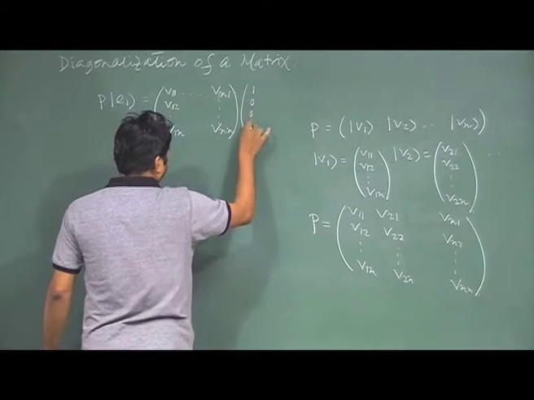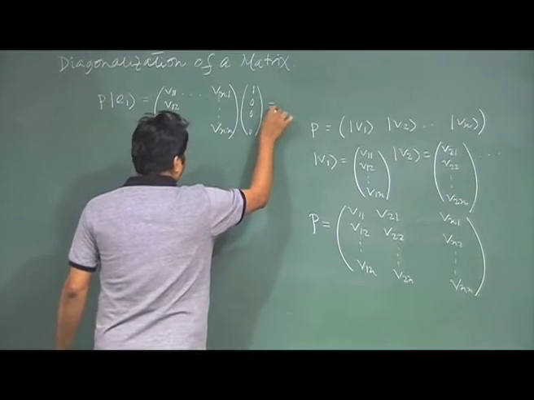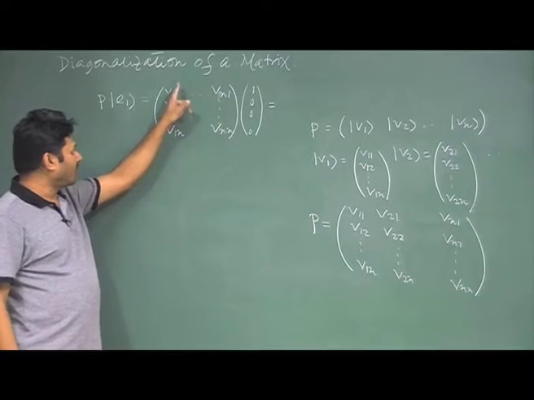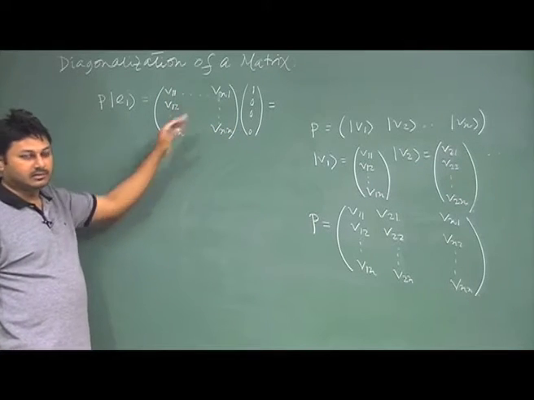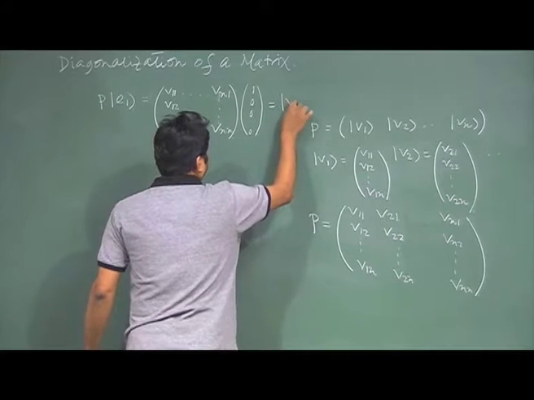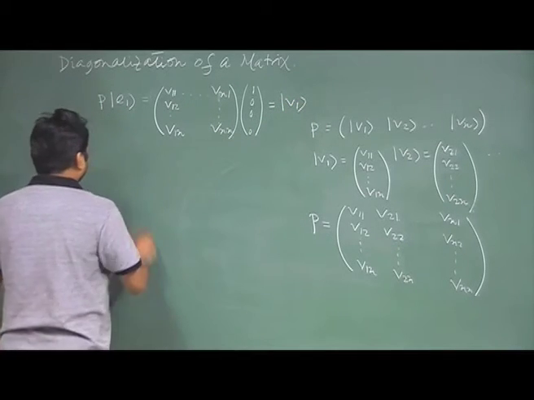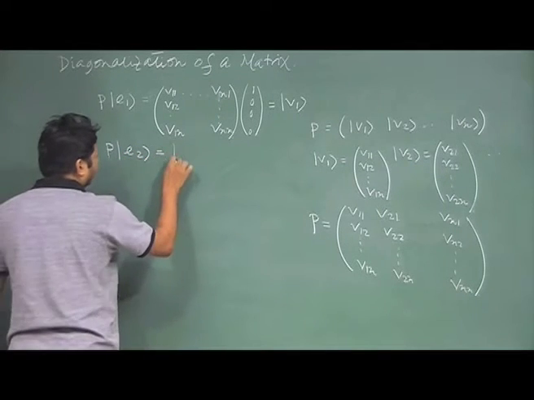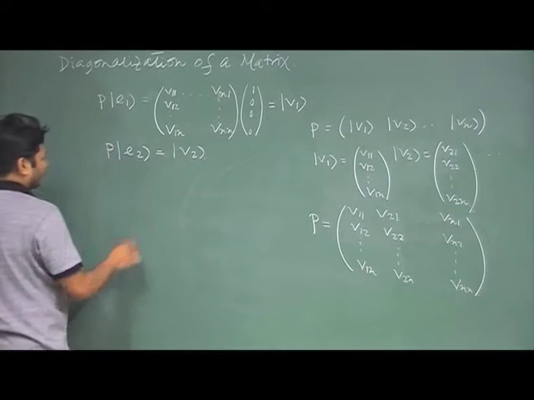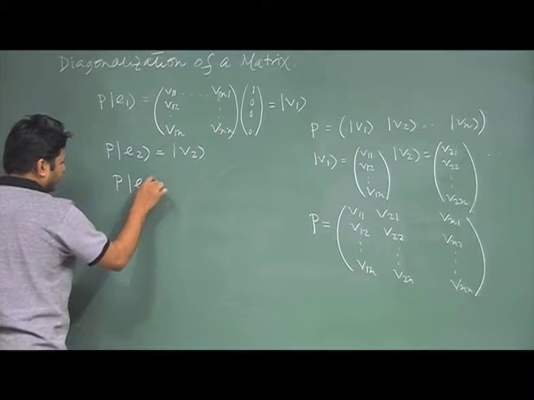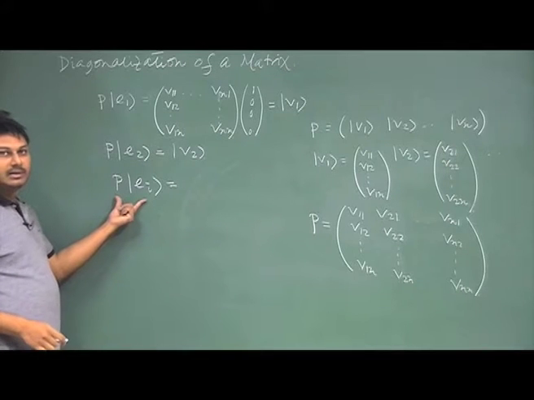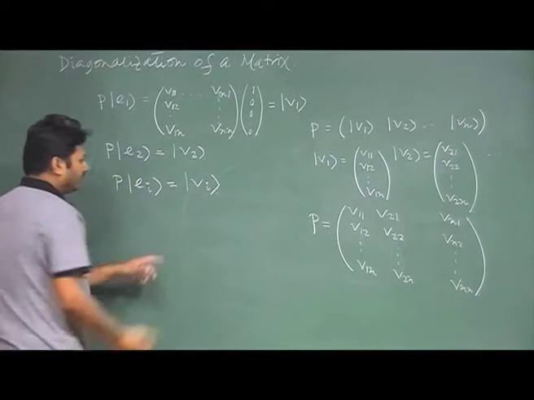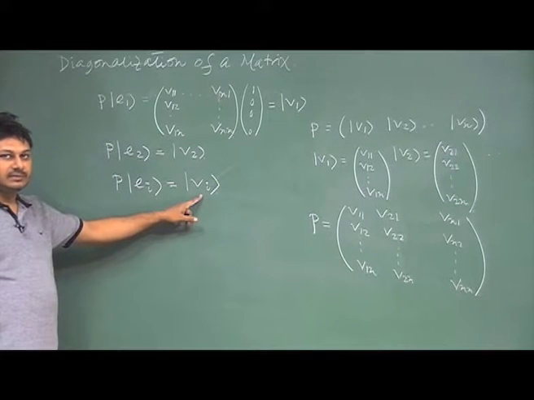This multiplied by this is 0, this multiplied by this, only this column will be retained and the other things will vanish. So, I will have V1. In a similar way, for E2, I will have V2 and so on. In general, P Ei gives the vector Vi, the ith eigenvector.